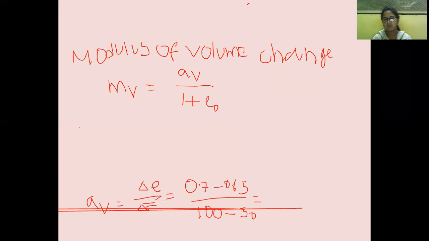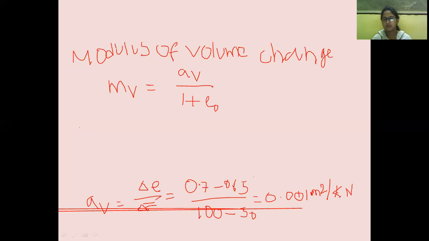But here, change in void ratio by change in effective stress, 0.7 minus 0.65 by 100 minus 50. So what's the value? The value will be 0.001 meter square per kilonewtons.